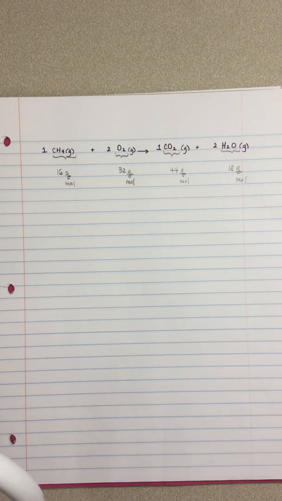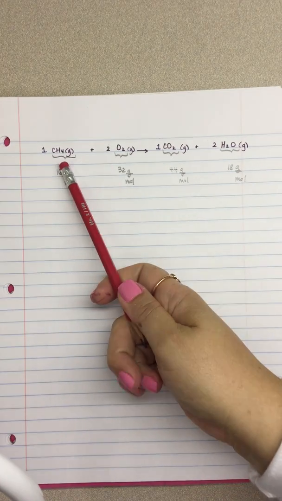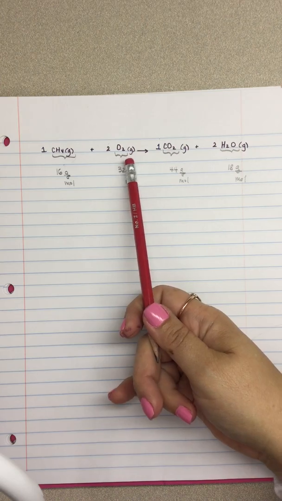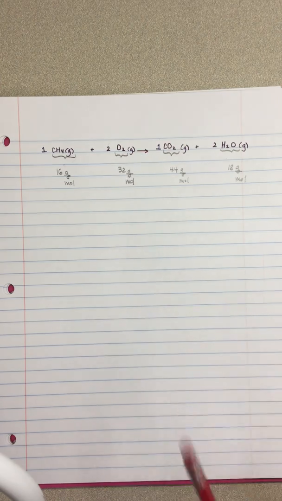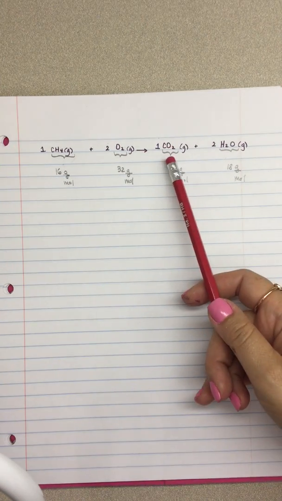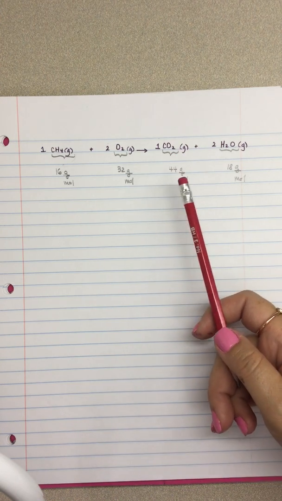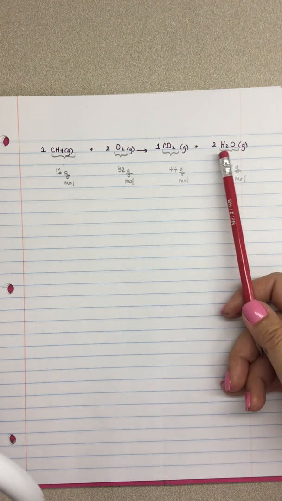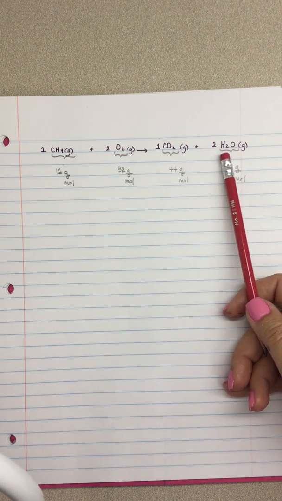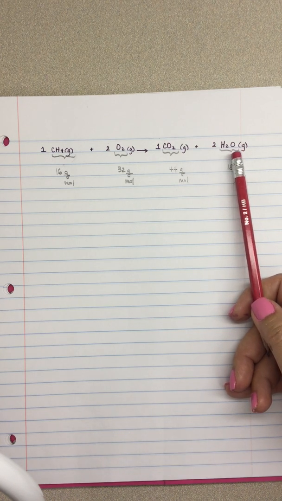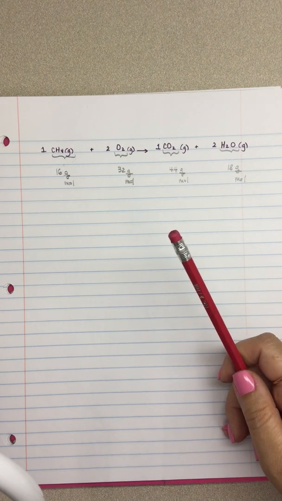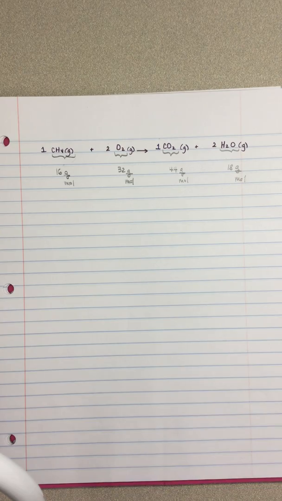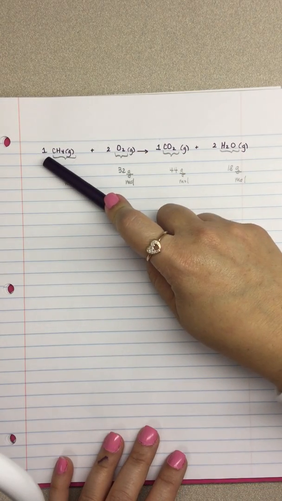Okay, molar mass for carbon plus molar mass for each hydrogen, molar mass for oxygen times 2 because you have 2 of them, molar mass of carbon plus your oxygens, that will give you this one, and then molar masses for your hydrogens, and you have 2 of them plus oxygen, that will give you 18. Now this is coefficient here.